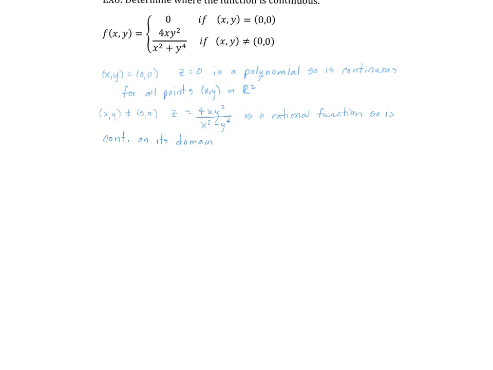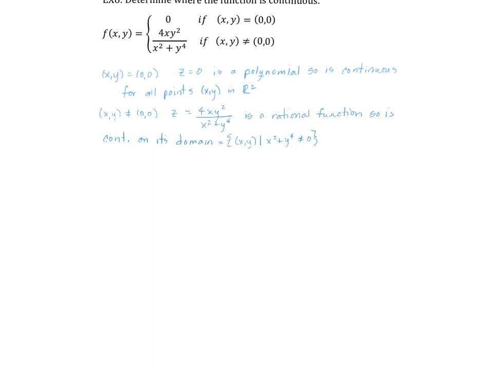So what I'm doing with all of this is I'm checking all the pieces because we're supposed to discuss where it is continuous. So what is its domain? Well, the domain is all points x and y so that the denominator is not equal to 0. As long as the denominator is not equal to 0, then we're good.